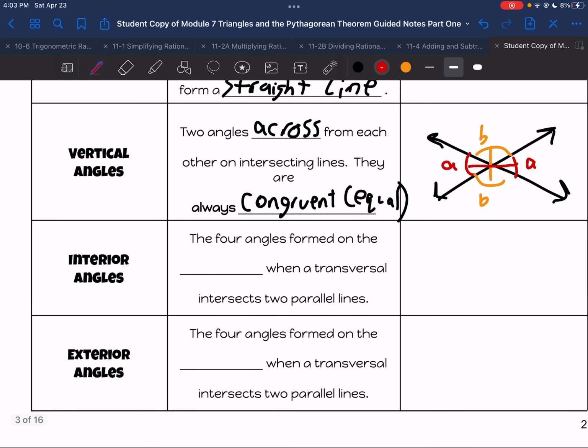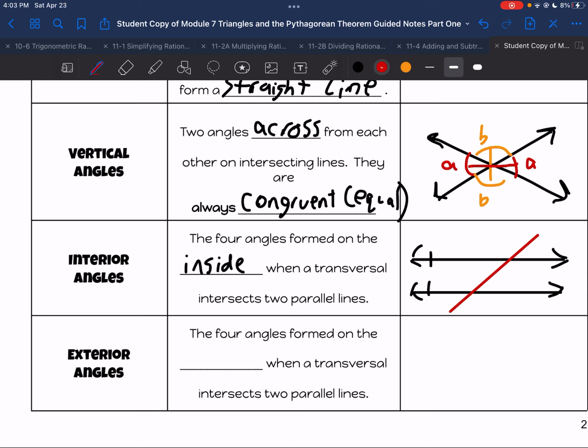Interior angles are the 4 angles formed on the inside when a transversal intersects 2 parallel lines. So we draw our 2 parallel lines. Okay. I'm going to use a tick mark to show that they're parallel.